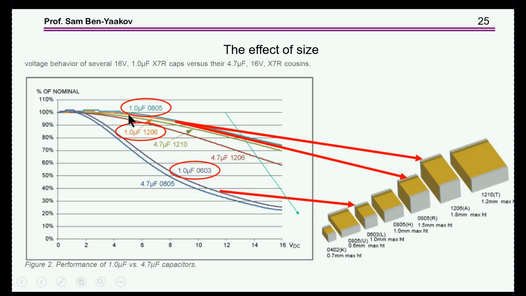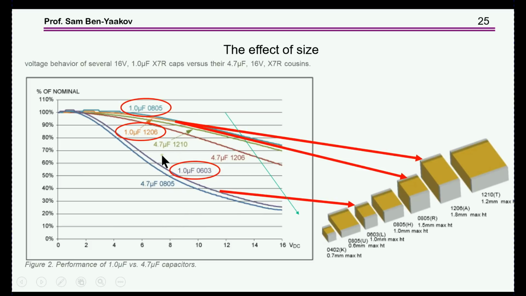You see 1 microfarad in this bigger package, and 1 microfarad in this package, the same material, X7R. And the capacitance drop as a function of the voltage is dramatically different. Same material, and you see there's a big difference between the two.